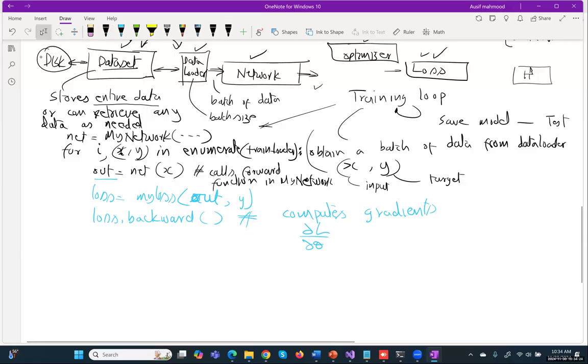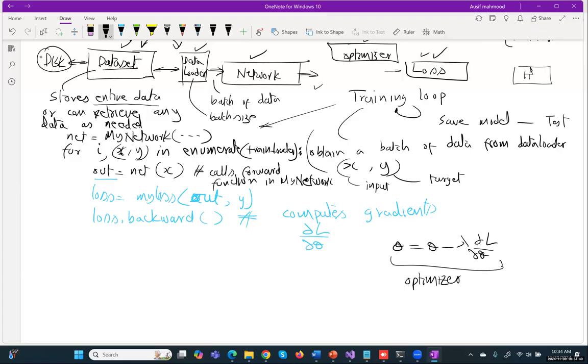So once all the gradients have been computed, now we want to update the weights and biases: theta equals theta minus lambda partial L over partial theta, right? That is the responsibility of the optimizer. Remember, as we said, the optimizer has to select the learning rate, perhaps individually for every weight.